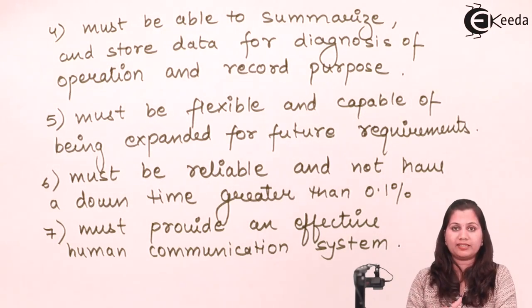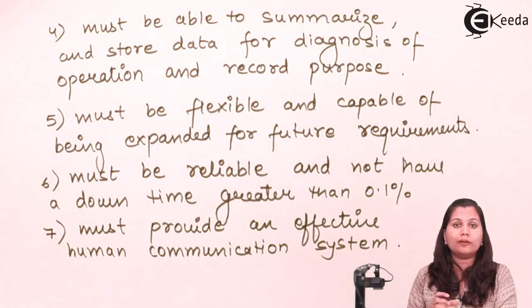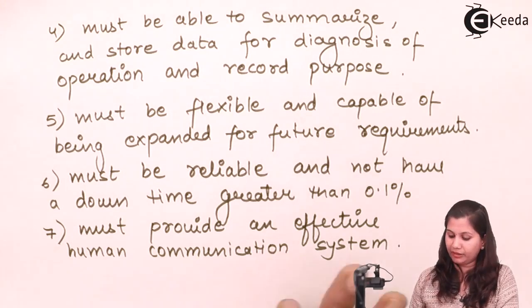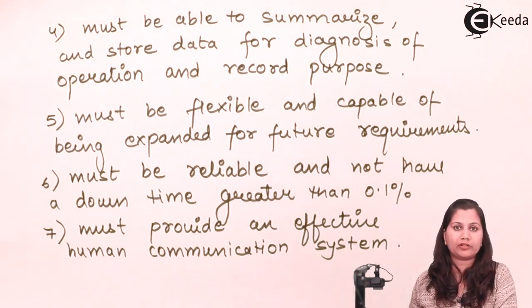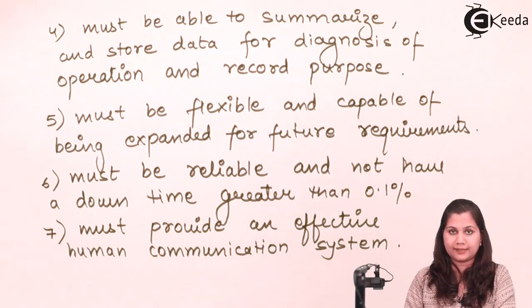If it is in machine form, then the human operator will not be able to understand it. So the system should have an effective human communication system so that the operator can easily handle that system.